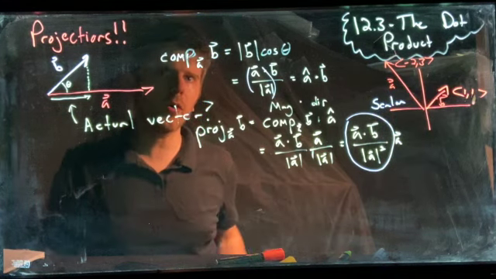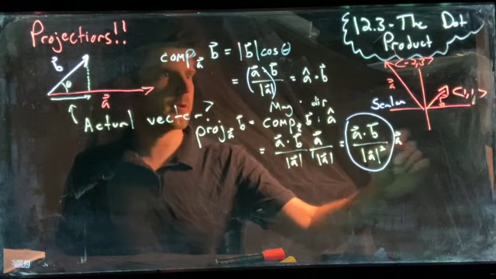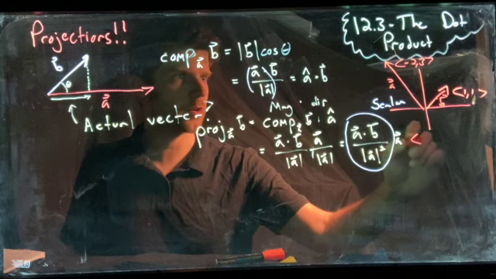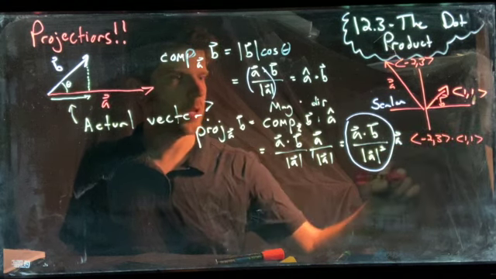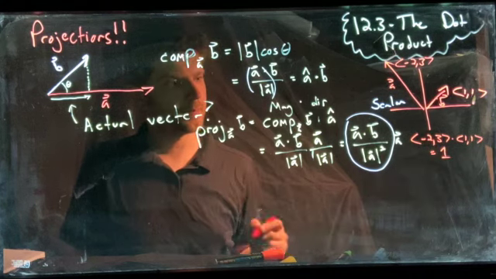So if I go ahead and find the component, I need to take the dot product of these two vectors. So negative 2, 3 dot 1, 1, which should give me negative 2 plus 3 equals positive 1.